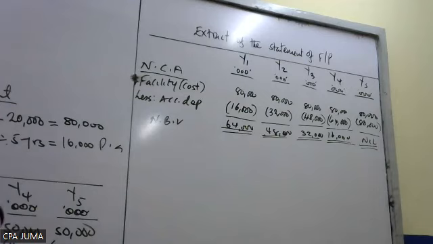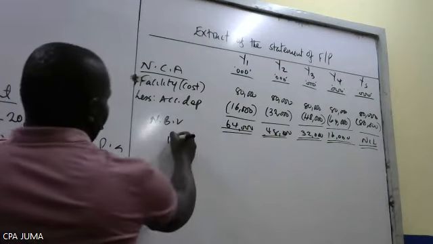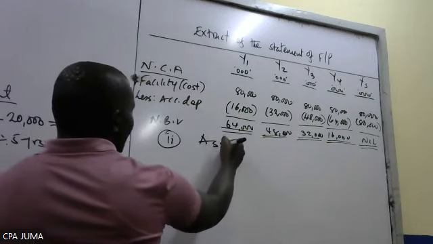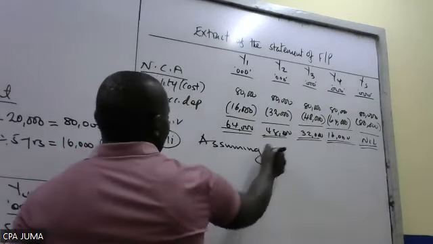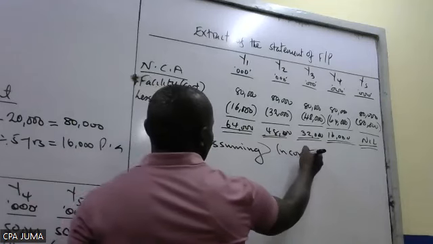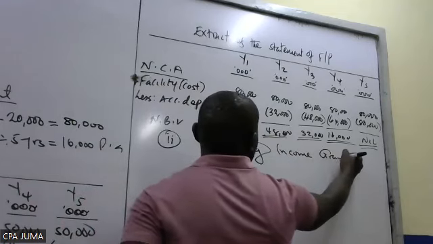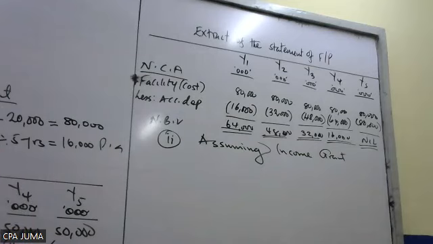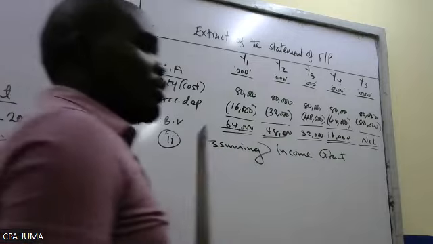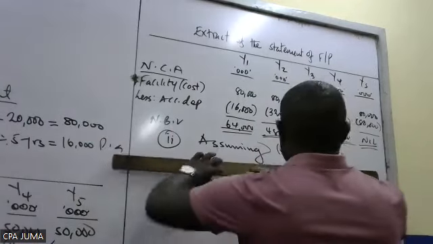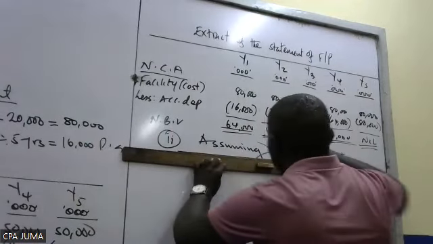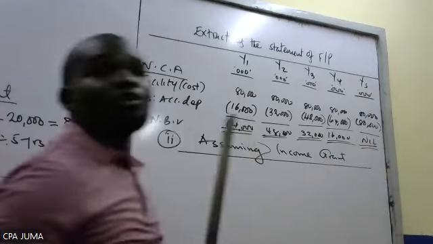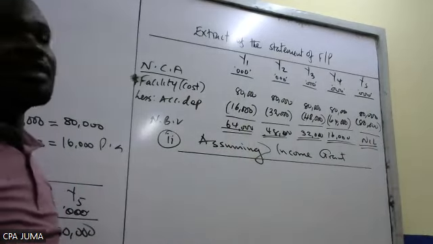Let's see how it differs with the income. So assuming income grant. If it's an income grant, then the grant will not help you reduce the cost of the asset.